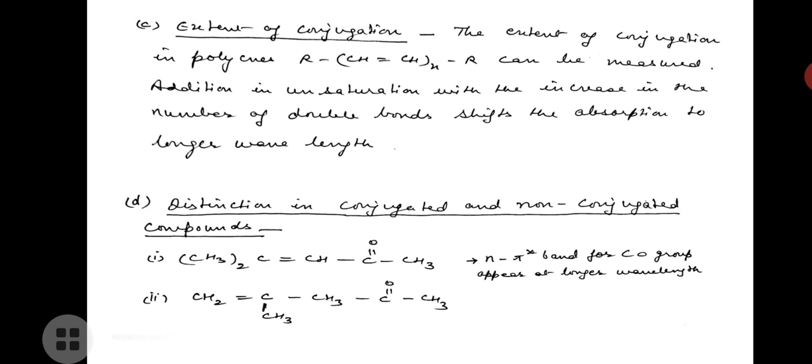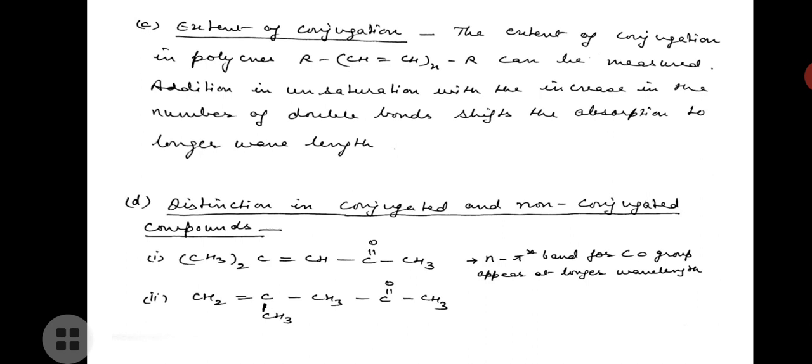The next is distinction in conjugated and non-conjugated compounds. UV spectroscopy also distinguishes between a conjugated and a non-conjugated compound.